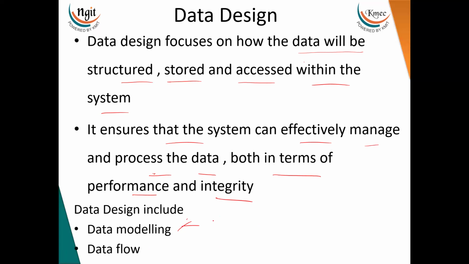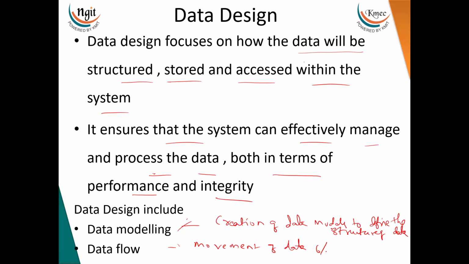So data modeling is the creation of data models to define the structure of data, whereas data flow is the movement of data between components and systems. That is data flow.